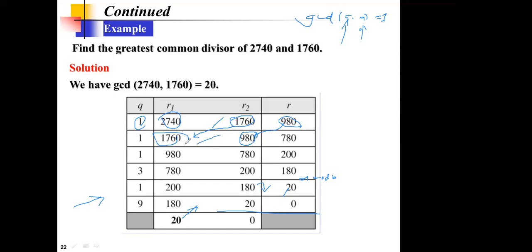You divide 760 by 980. The quotient is 1, and remainder is 780. So go like that, and when you get the value 0, R2 is equal to 0, so you get the GCD is equal to 20.